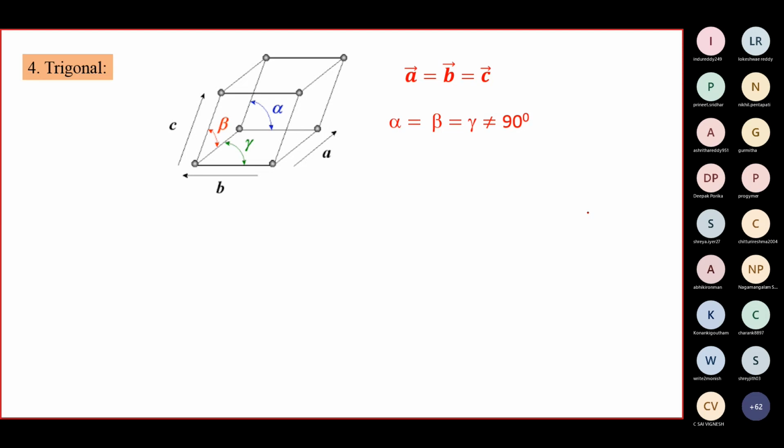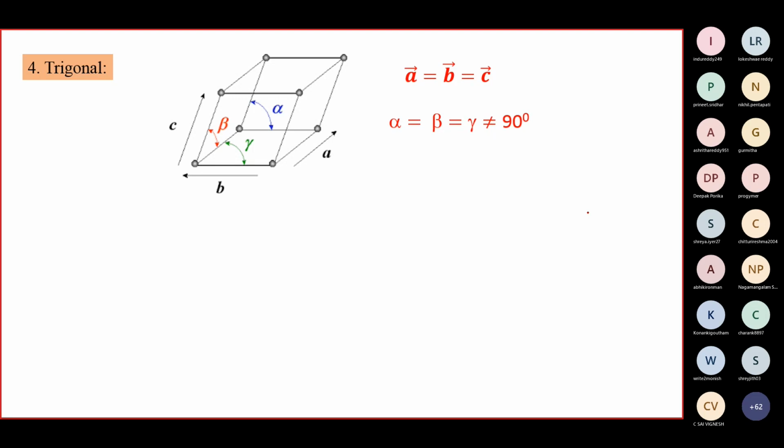From the systems that we have already discussed, can we obtain this trigonal without altering much? We have already discussed three systems. Can we obtain this trigonal without altering much? No?